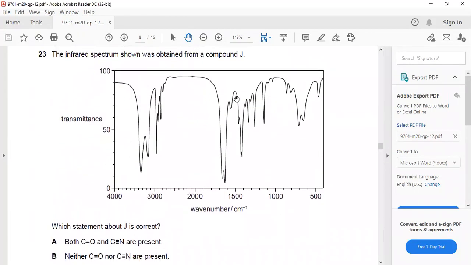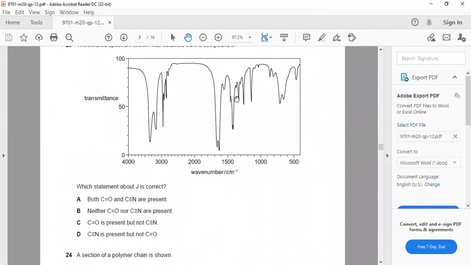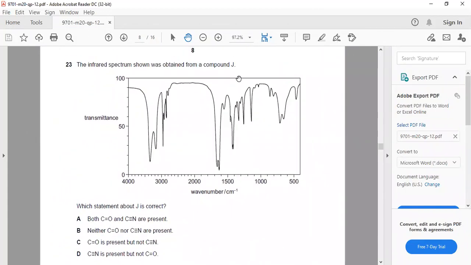23. About infrared spectrometry. You must know how to use the data booklet, but I tell you some answers. C double bond O is very common, approximately 1700. You can see it is there.